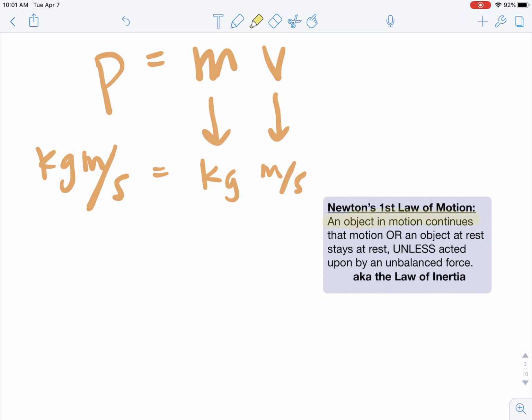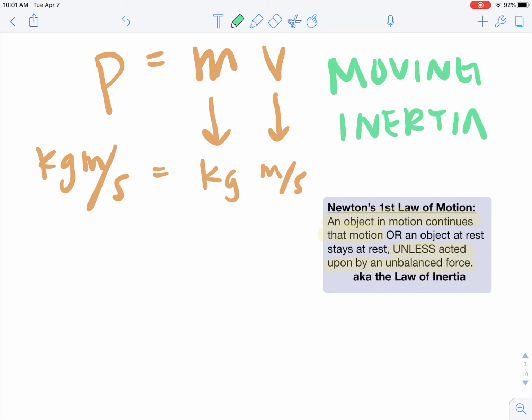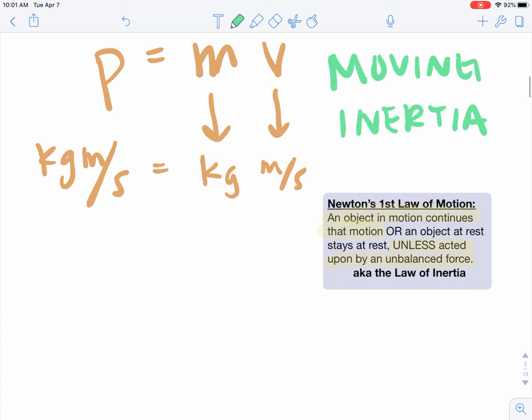Momentum is specifically talking about the first half of this law. An object in motion continues that same motion unless acted upon by an unbalanced force. So I want you to think of momentum as moving inertia. It is still this idea of inertia, but only applied to moving objects. The bigger you are, the harder it is to speed you up or slow you down. And the faster you are, the harder it is to speed you up or slow you down, to change your motion.